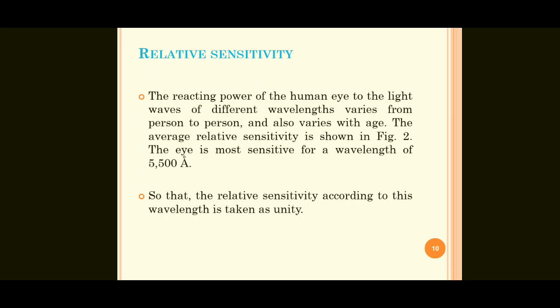So 5500 angstrom unit is the eye sensitivity wavelength. The relative sensitivity at this wavelength is taken as unity.